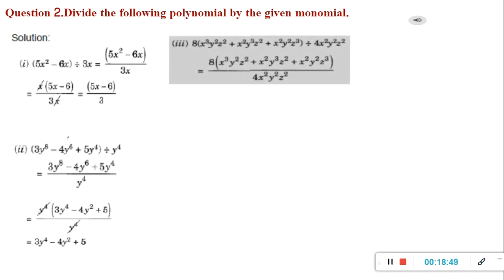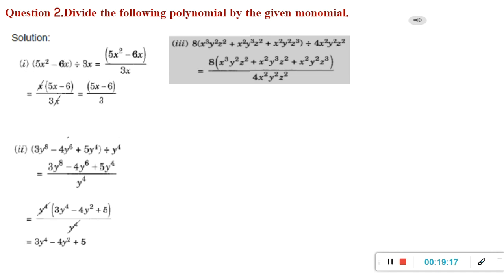8 into x cube y square z square plus x square y cube z square plus x square y square z cube divided by 4x square y square z square. Okay. Now, first you see the denominator. If we are getting a common factor from the numerator the same as the denominator, then we cancel it out.